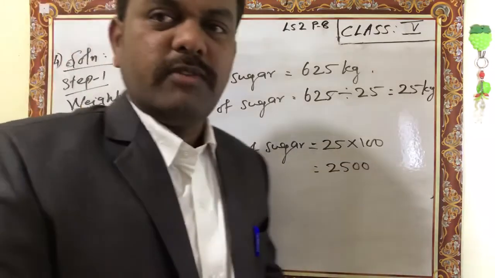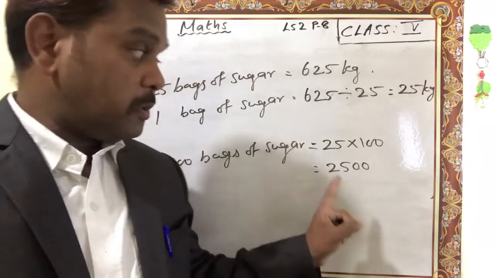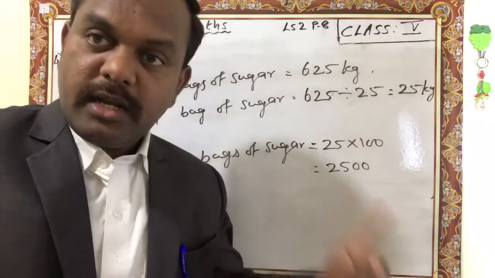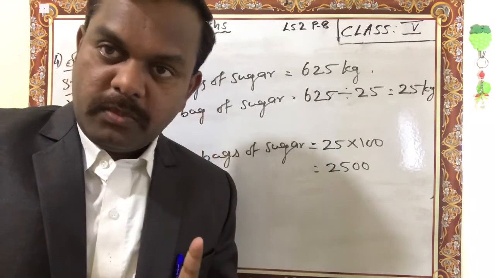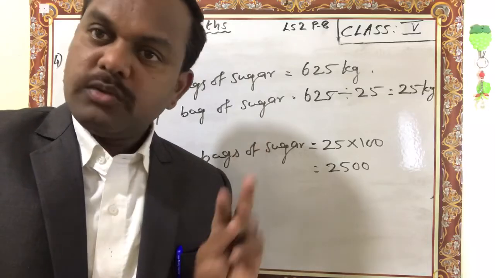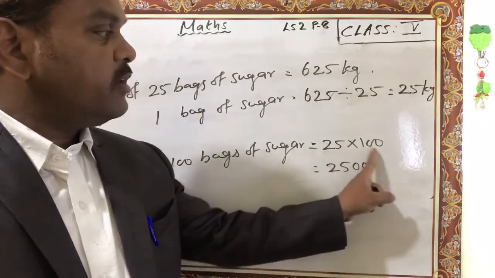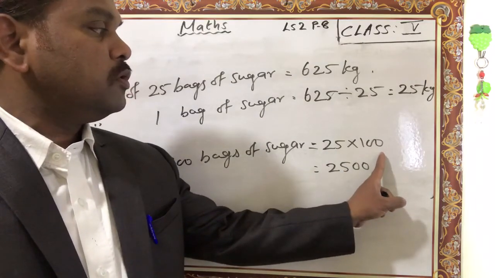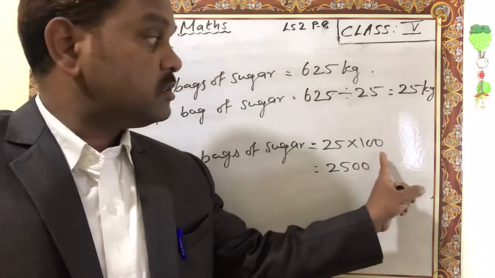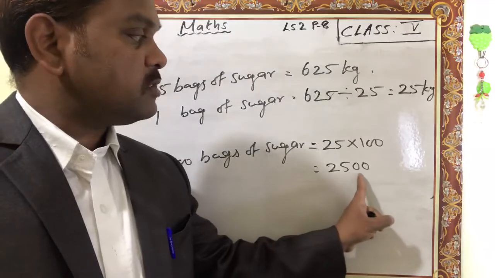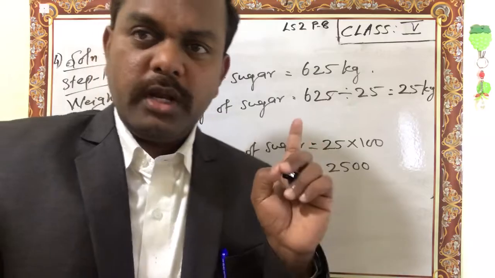Without written multiplication we can do this in mental mathematics. How? Multiply by 10, 100, 1000 is very easy. In 10 there is only 1 zero, in 100 there are 2 zeros, in 1000 there are 3 zeros. Just add that many zeros. So 25 into 100: write 25 first, then 2 zeros. If it is 25 into 1000, write 25 first, then add 3 zeros. This type of multiplication you have to do in mental mathematics.